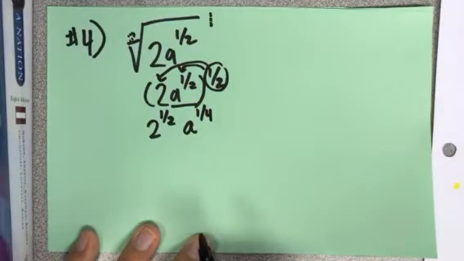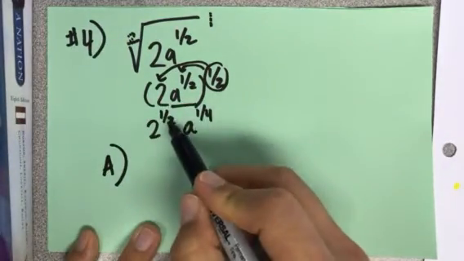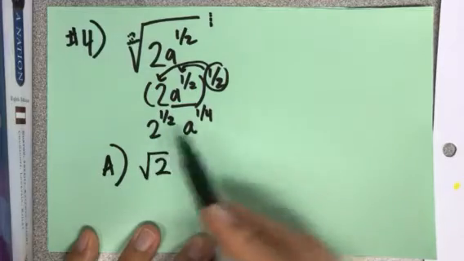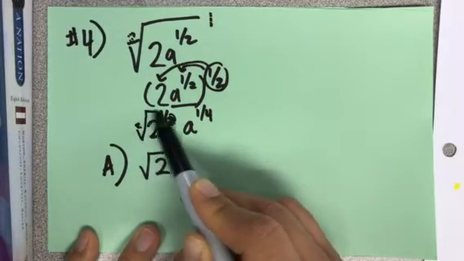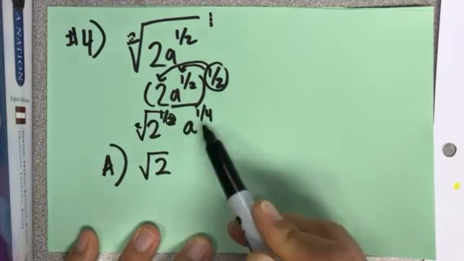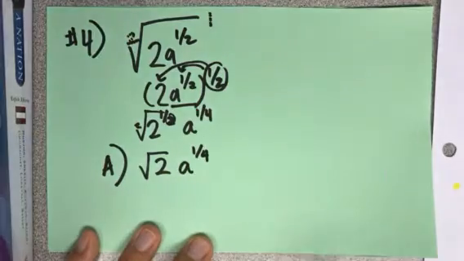Okay, now when you look at the answer choices, the answer is A, because look, the answer choice goes like this though. But look, do you guys see that if we swung this 2 over on this side and we put this hood over, it would be a square root of 2, and then the A will leave it the same way as it is, 1 over 4. And that's your match.